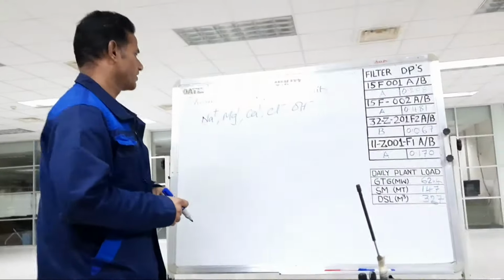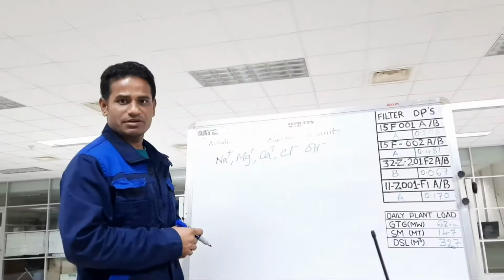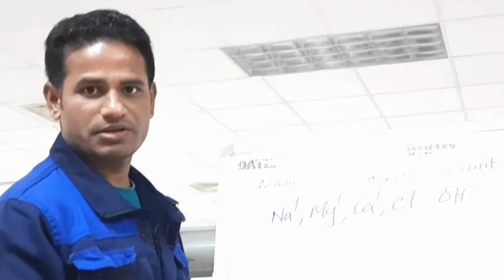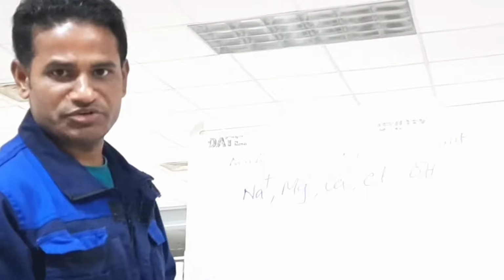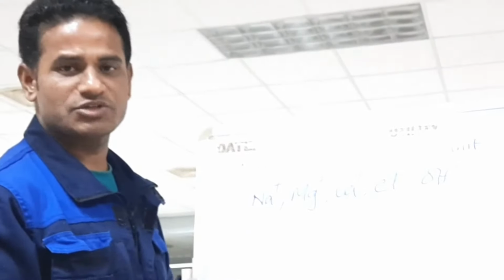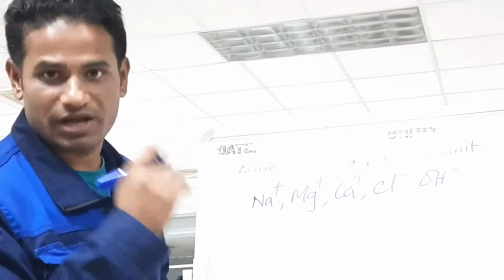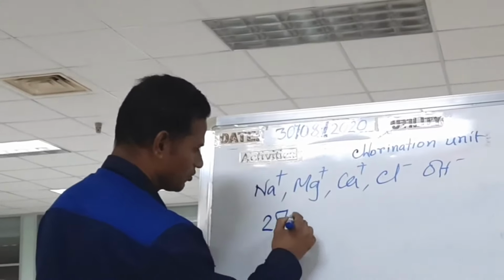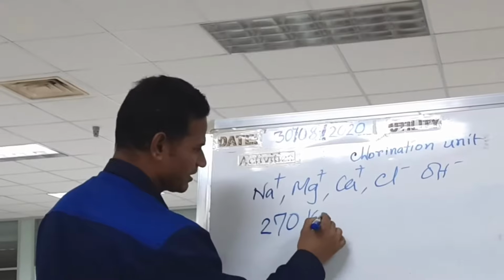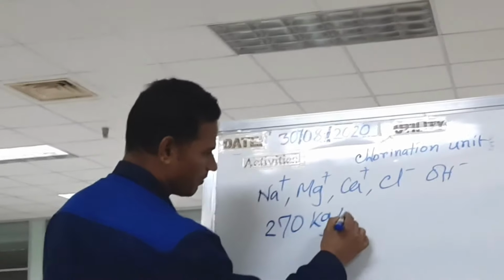Okay? But in our chlorination unit, how much is the production? In our chlorination unit, the chlorine production capacity is 270 kg per hour. 270 kg per hour.